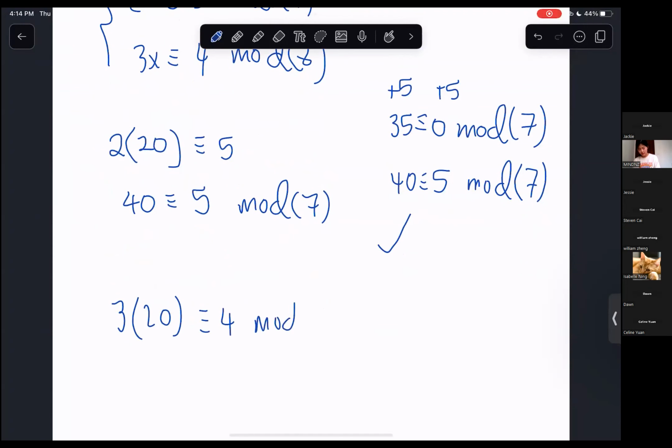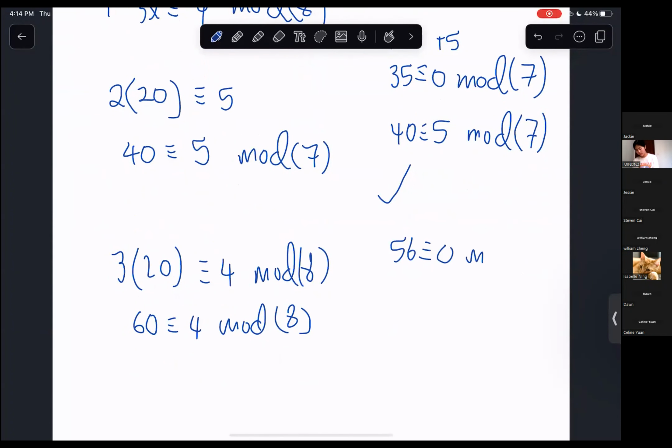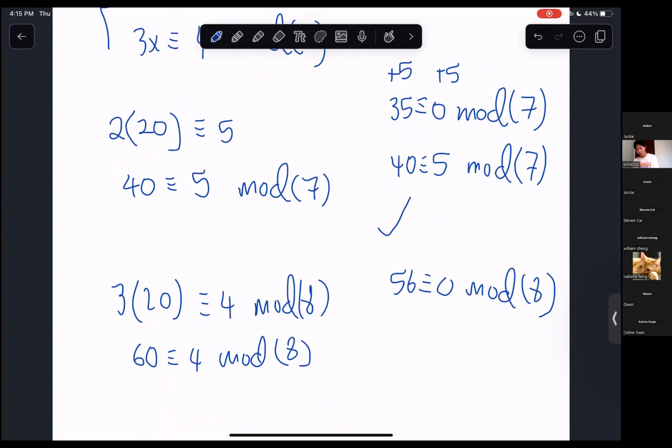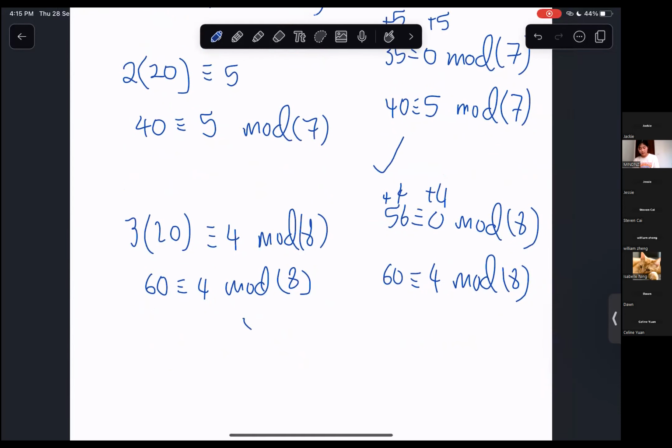So we want something like this, right? Well, we know that 56 is congruent to 0 mod 8, right, because 8 divides into 56, and then let's add 4 to both sides, and we should get something like this. And both of these match up, so this matches up with that.